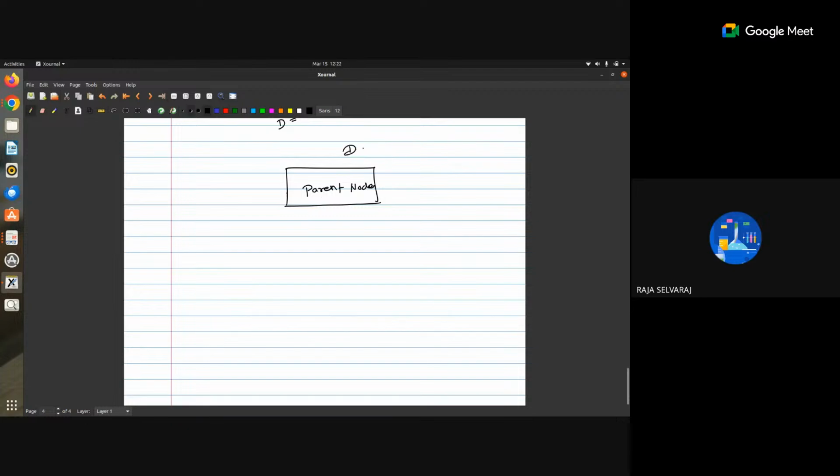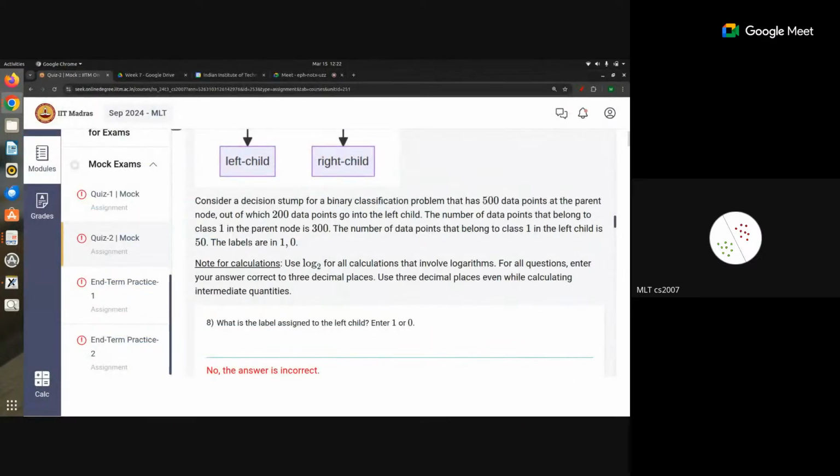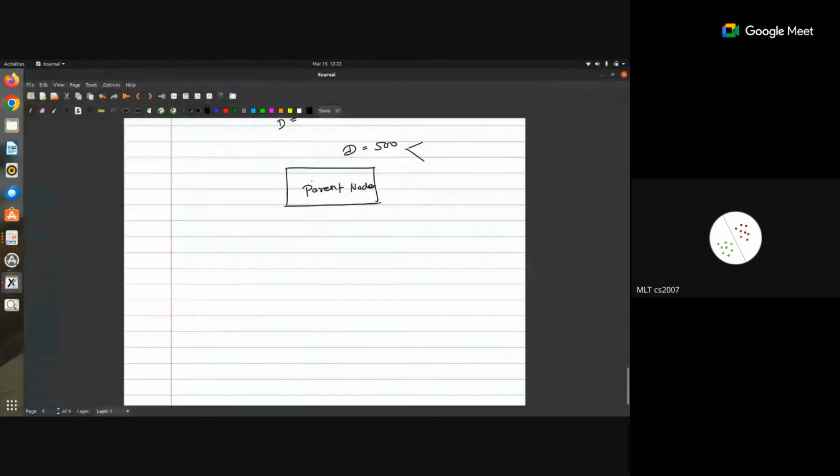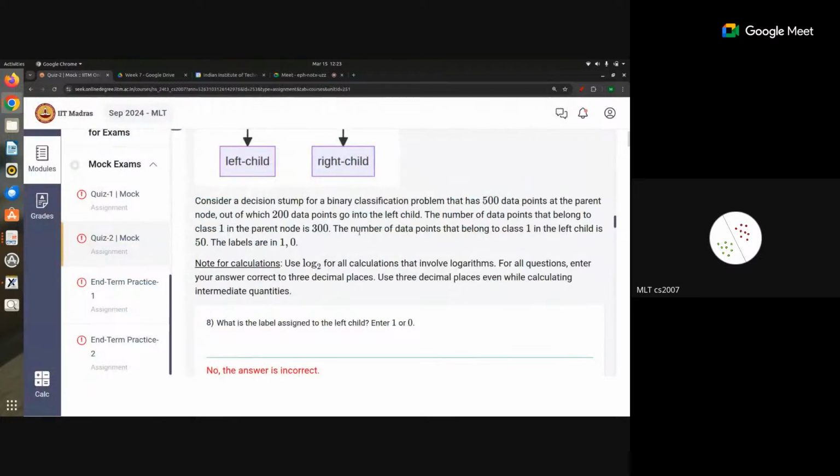Okay, so you have 500 data points here, and the number of data points that belong to class 1 is 300. So can I say that this is 300 and 200, which is class 1, class 0? Is it fine? Okay, and what is the next part? The number of data points that belong to class 1 in the left child is 50.